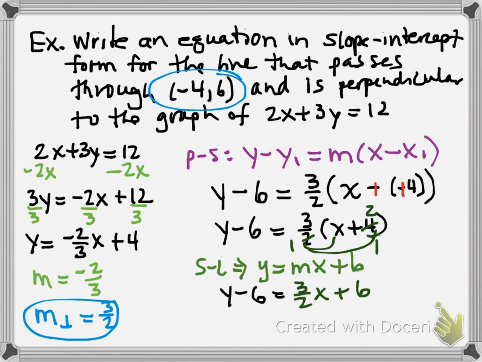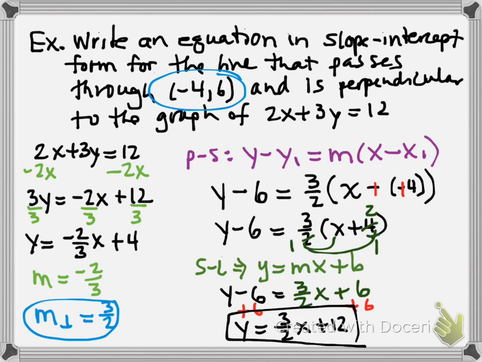Next, we're just going to add 6 to both sides to get the y alone, and we get y equals 3 halves x plus 12. So I could not go into slope-intercept form directly because the point they gave me was not the y-intercept. All right, so that's what your homework is going to be tonight.